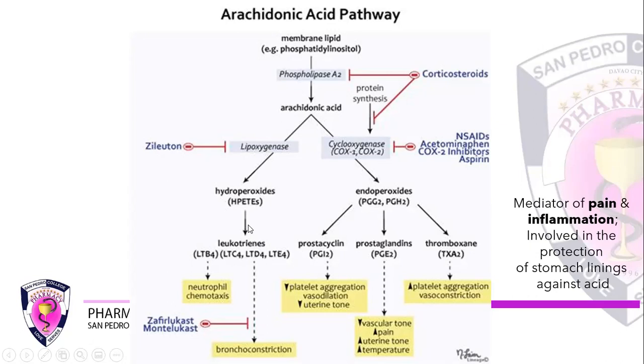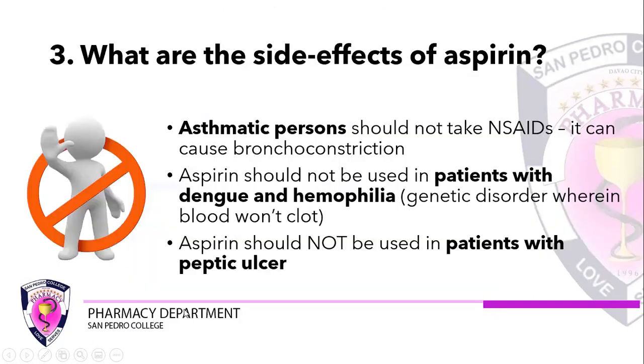Eventually, the LOX pathway results in the production of leukotrienes, which will eventually cause bronchoconstriction. That is why it is contraindicated in asthmatic patients. Or rather, use with caution. So it can cause bronchoconstriction.